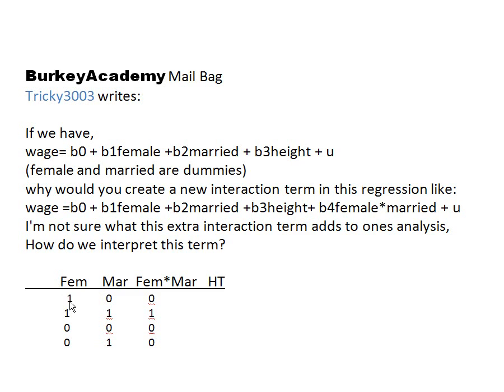And so if you have someone who's female and single, that person might be different from someone who is female and married. And that's really what this dummy variable is going to pick up for us. So let's go to a graph and look at what might happen.